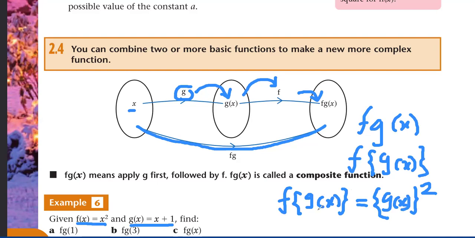Therefore, f(g(x)) we can write like this. What is g(x)? g(x) equals x plus 1. Therefore, we can substitute like this. Therefore, f(g(x)) equals (x plus 1) whole thing squared in this type.